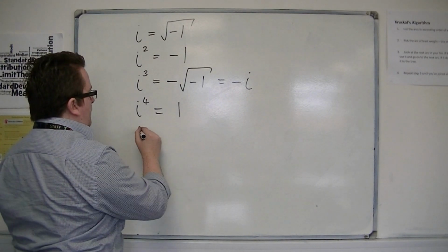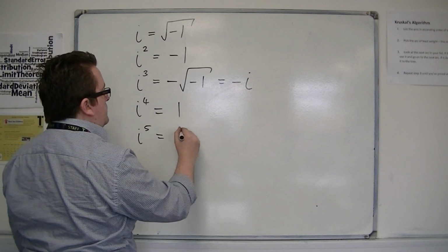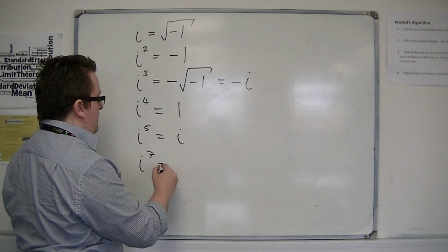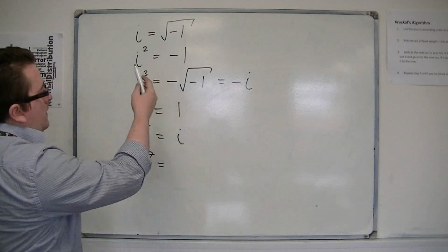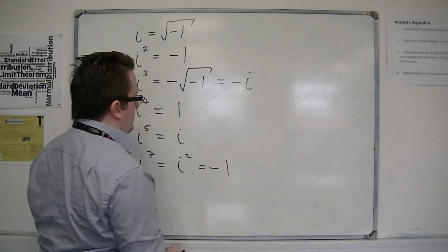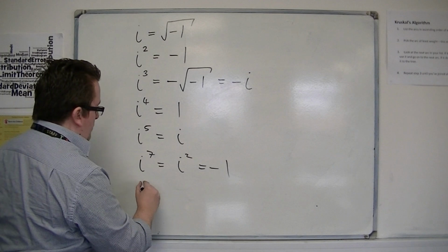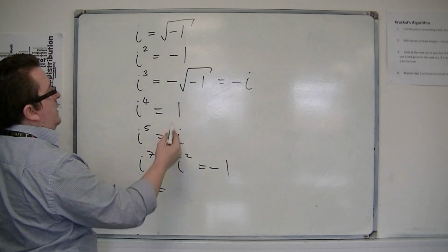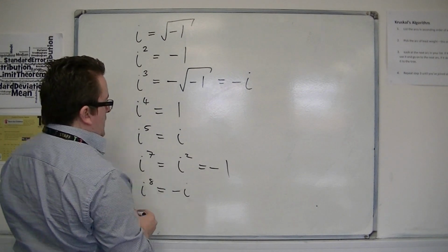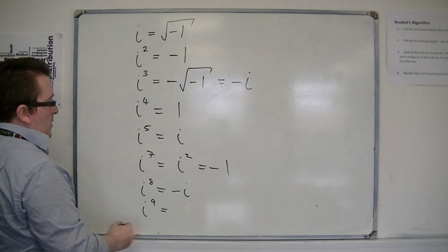And then i to the 5 would be 1 times i, so i. And then i to the 7 would be i times i, so i squared, which is minus 1. Okay, so you can see that it's going to go round in a big loop. So i to the 8 is going to be minus i, and then i to the 9 is going to be 1.